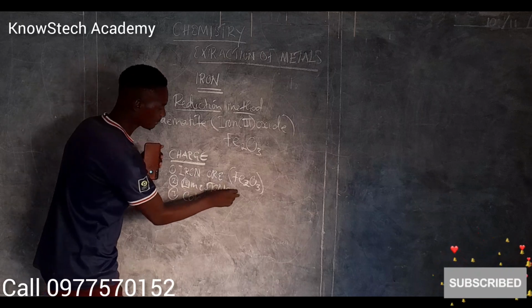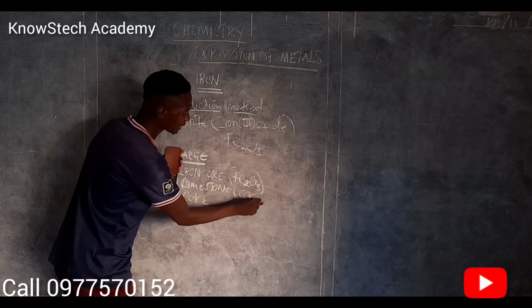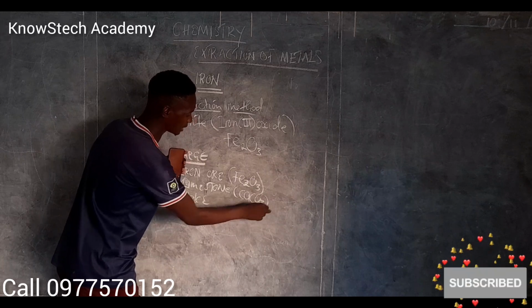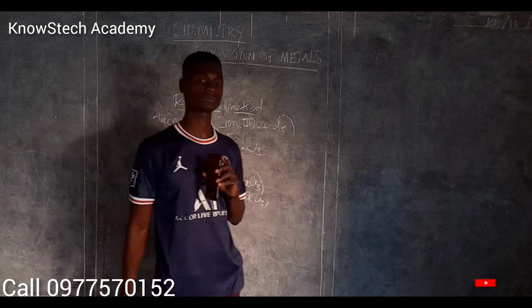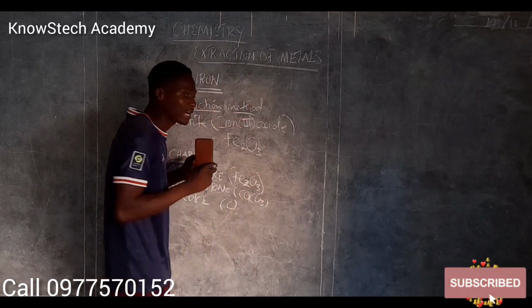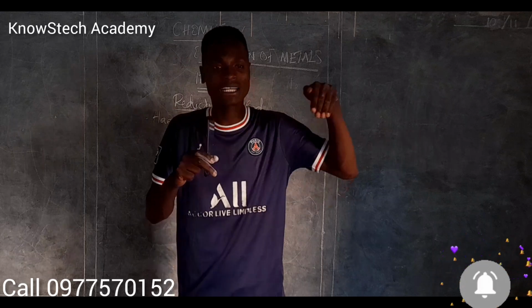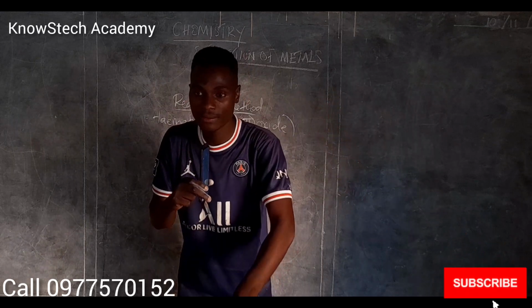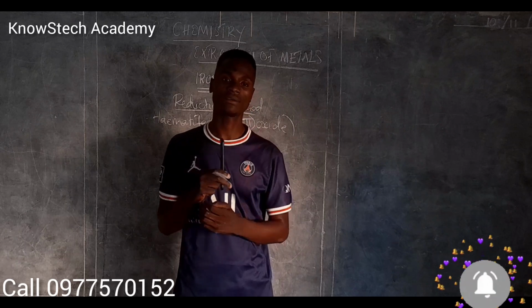Then limestone is calcium carbonate, CaCO3. Coke is just carbon. Now, these 3 are crushed and mixed together and fed into the blast furnace. Now, the reactions are as follows.